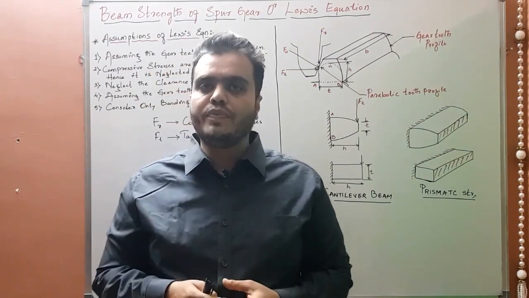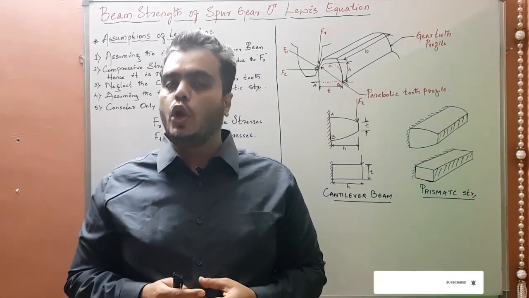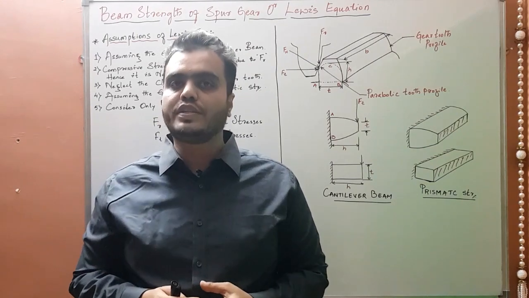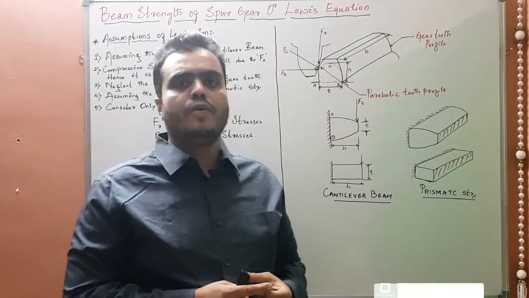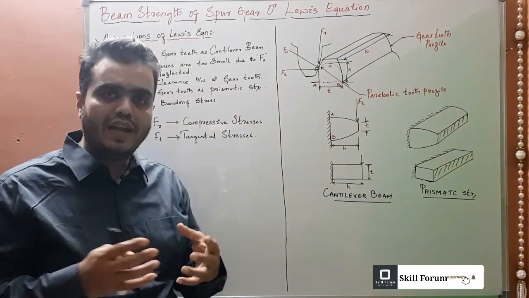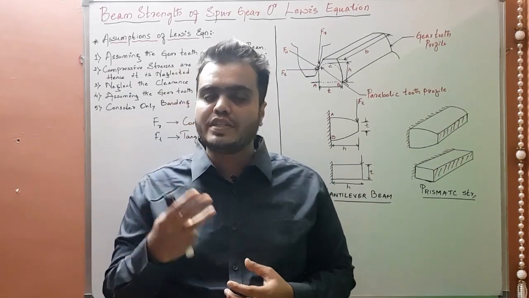During motion there will be some loads acting and occurring. Those loads we need to consider while designing the spur gear. We will start from the beam stage. While designing the spur gear, we need to consider three major factors.